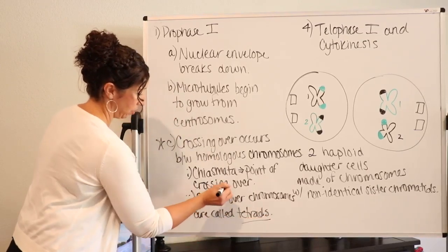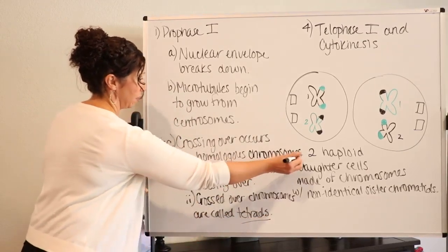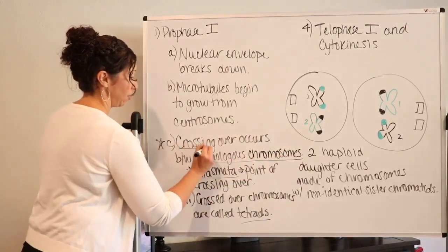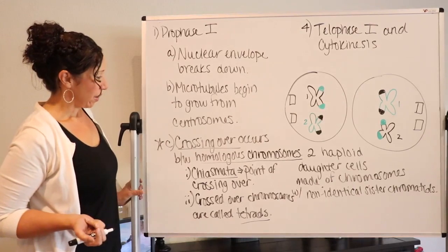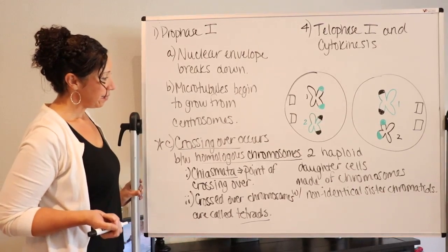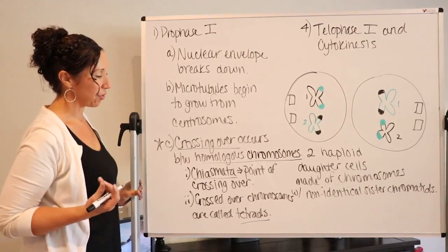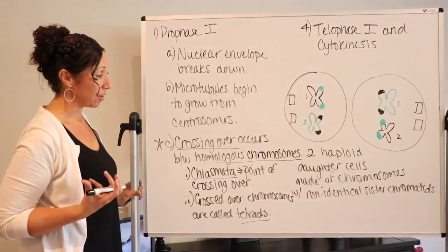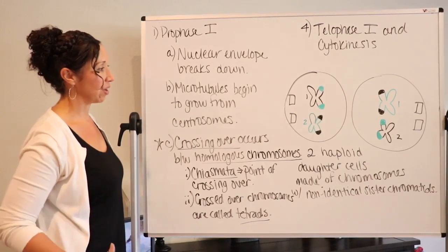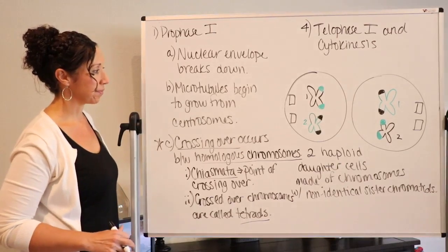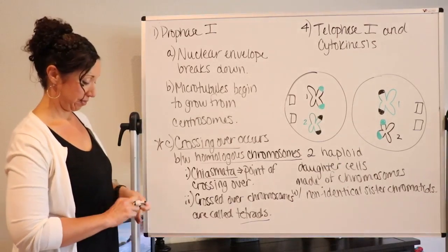So you've got a couple vocabulary words here: chiasmata, homologous chromosomes, crossing over. Those are the new vocab we were talking about. Crossing over is essentially the point where they cross over and you're exchanging genetic information. In between all those crossing over events, it's really, really cool. All right, so that's prophase 1.